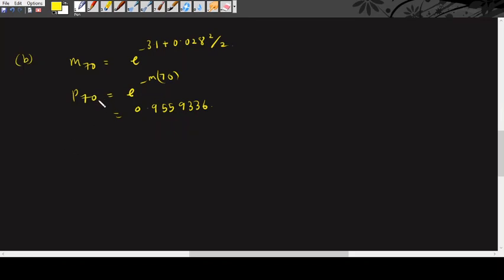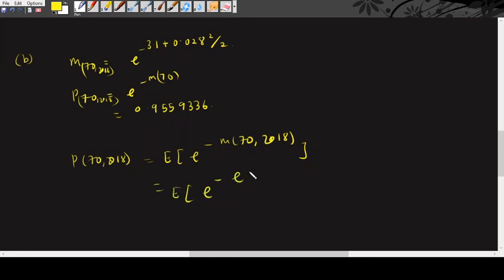For P70 2018, this one we can get from the expected value of e to the negative M70 2018, where this M70 2018 is e to the power of negative 3.1 plus 0.028 Zt.